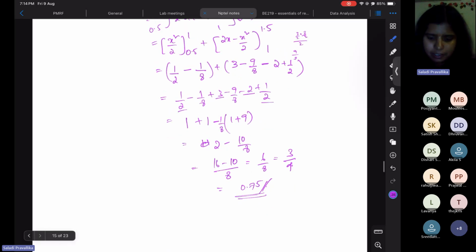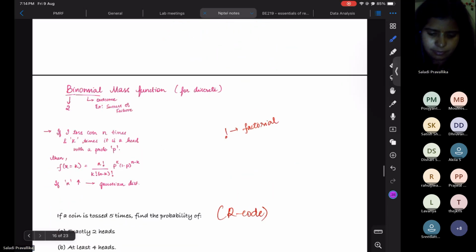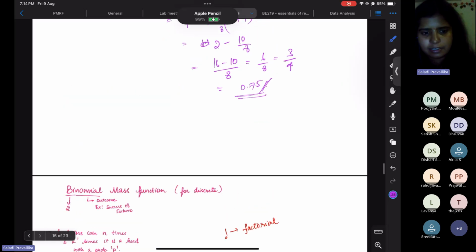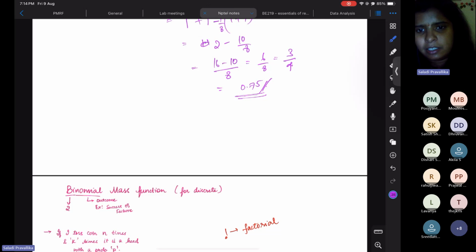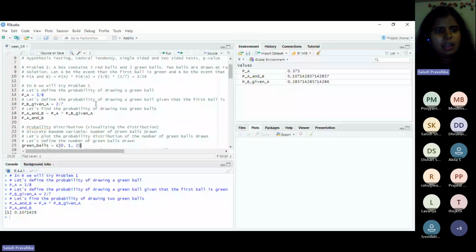Is this part clear? If that is clear, let us have a look at the R code. Okay, I hope it is clear and visible to you.